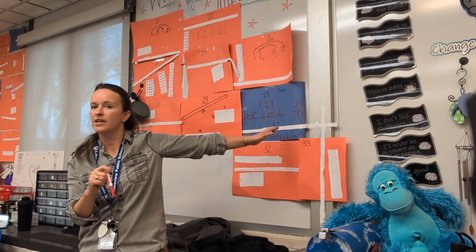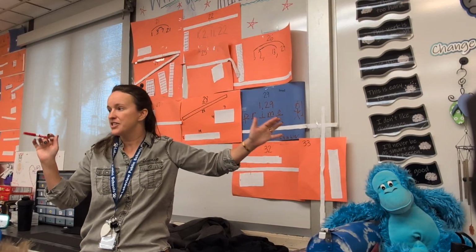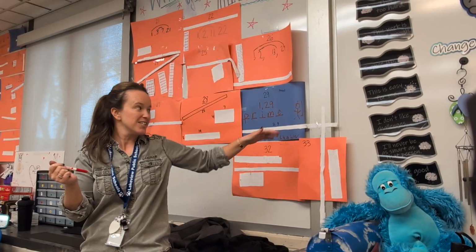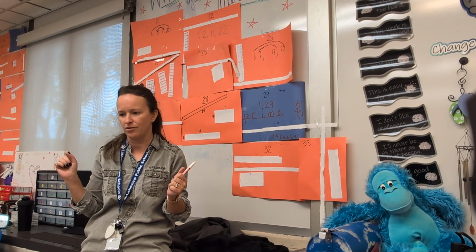The only way to make our class into equal groups is if we're all together in one group, because 29 doesn't have any factors except 1 and 29. So when I go back to that problem of 29 divided by what, split equally into groups, there's no way to do it unless I have remainder, unless I have students left out.